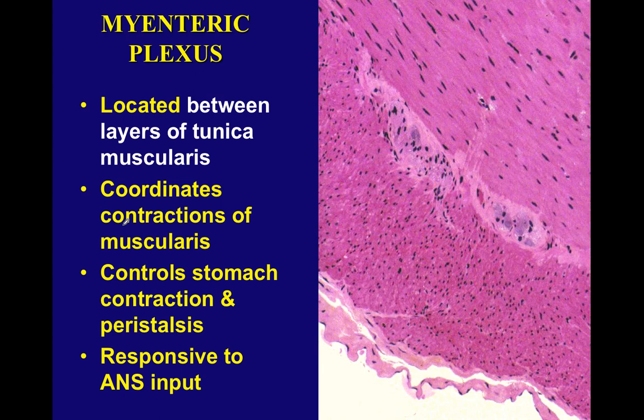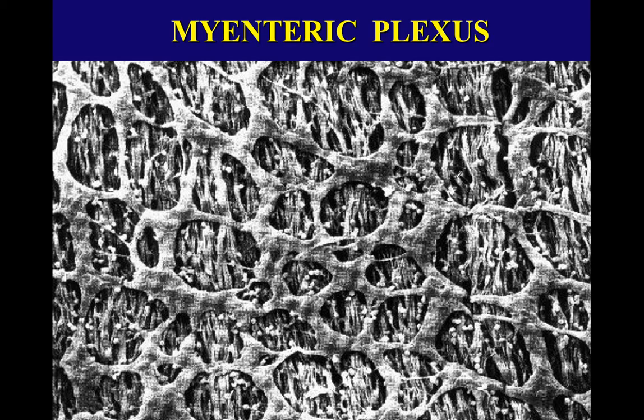The second one, the myenteric plexus, is found in the area between the two layers, the inner circular and the outer longitudinal. This area here. This is very important because these cells control the contraction of the smooth muscle here, and they are responsible for the peristaltic movement of the small intestine and large intestine.